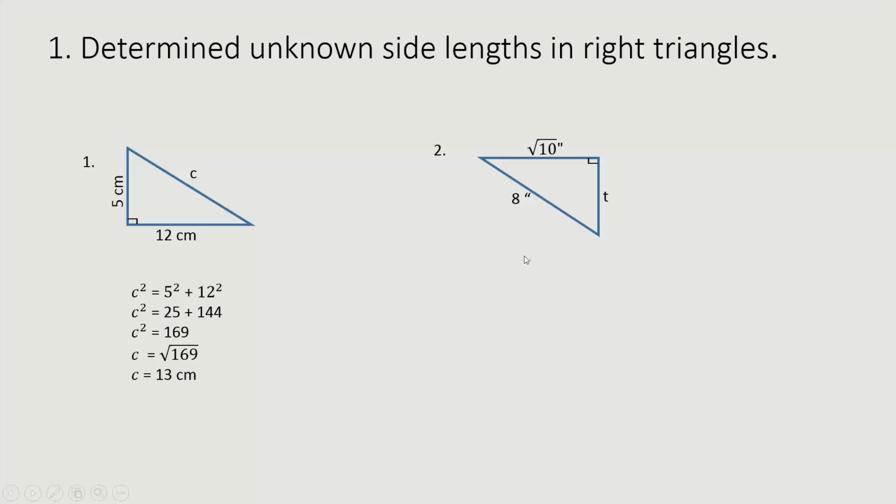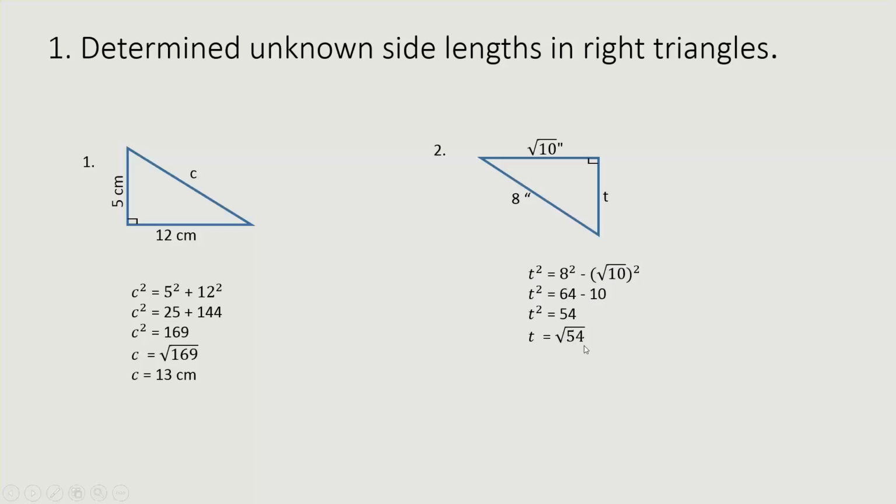So we know that T square is equal to 8 square minus square root of 10 square, which is equal to 64 minus 10, which is equal to 54. So T is equal to square root of 54.